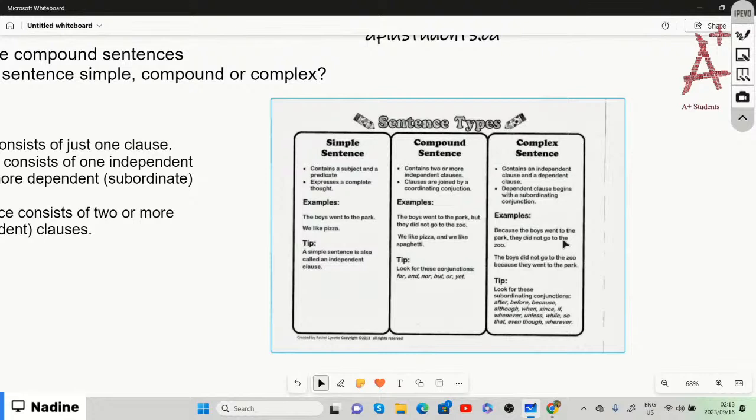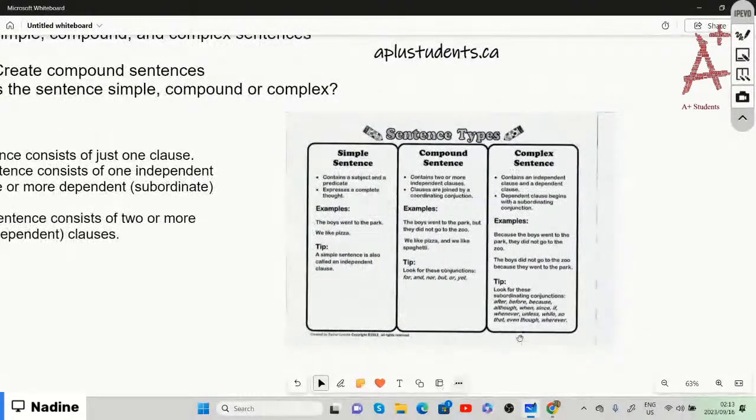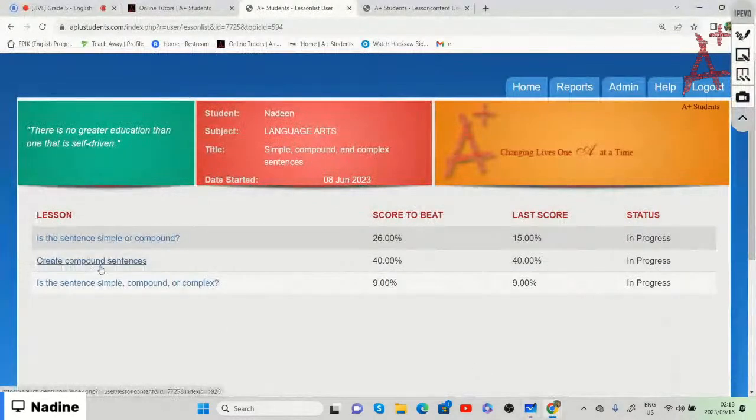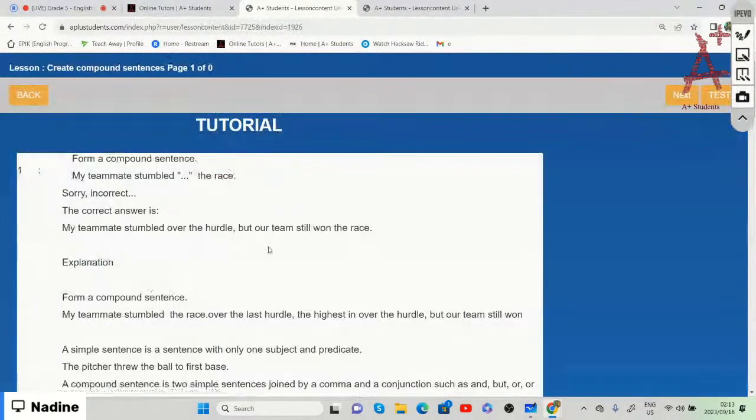And coordinating conjunctions are words like for, and, nor, but, or, yet. So these are the three different types of sentences: a simple sentence, a compound sentence, and a complex sentence. So now we're going over to the tutorial page and we're going to the first one that says create compound sentences.